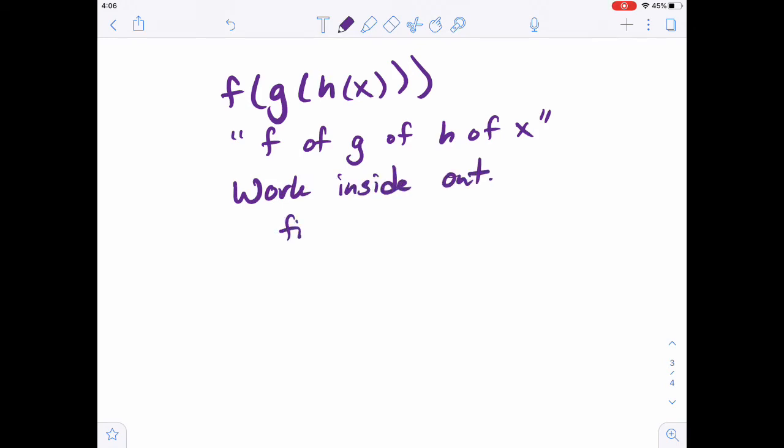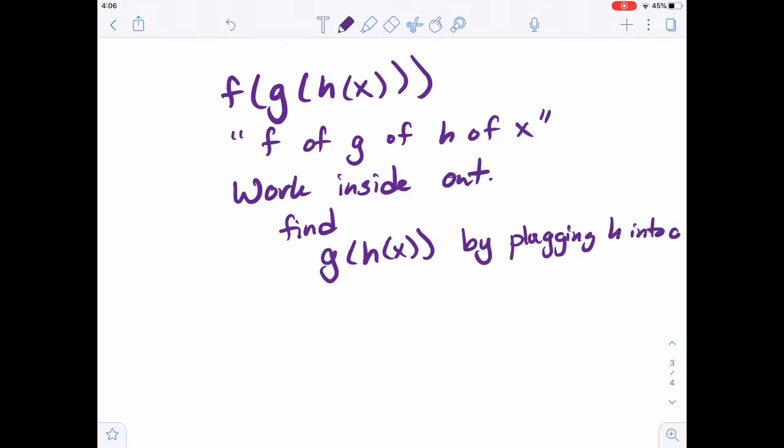So we would find g of h of x by plugging h into g. Then we would plug that, whatever we get from here, into f of x. So we work inside out.